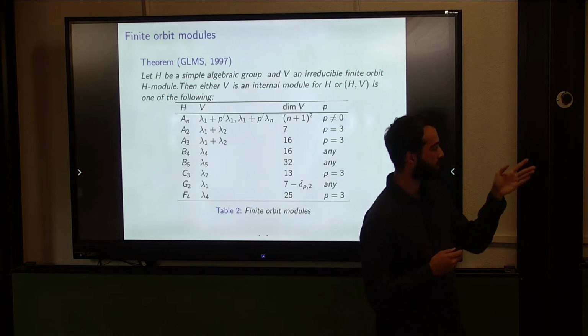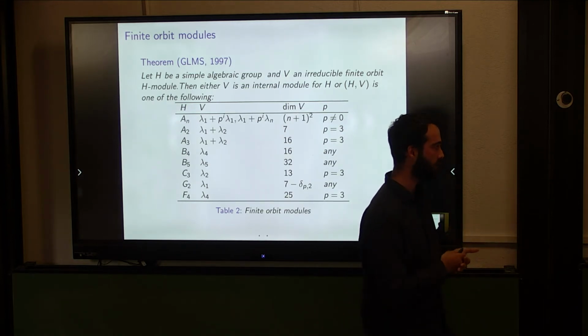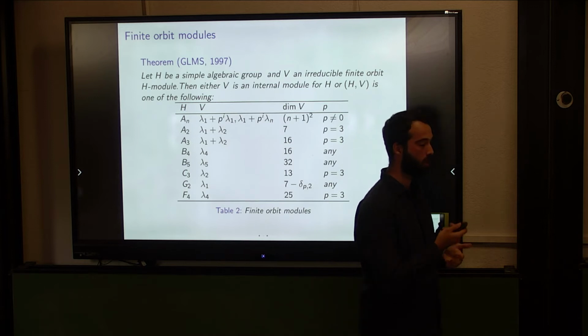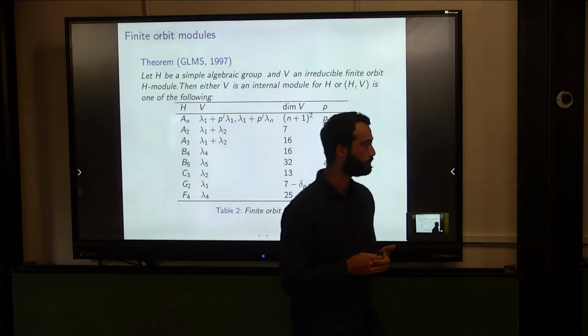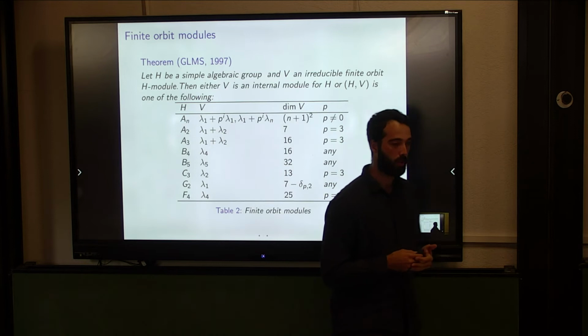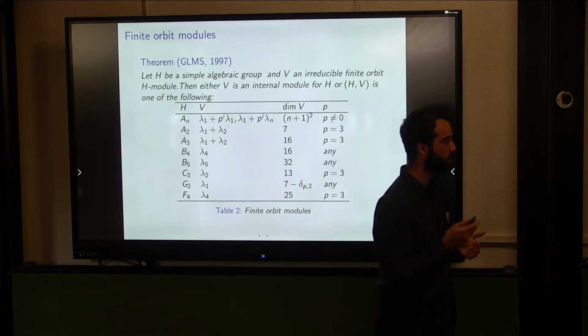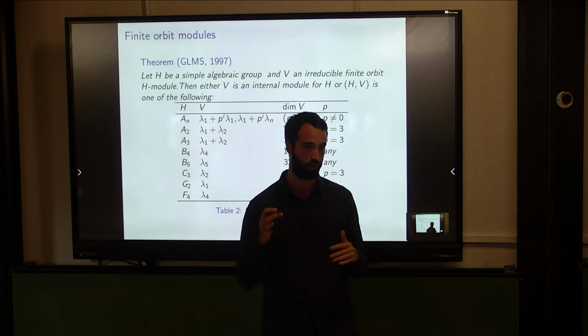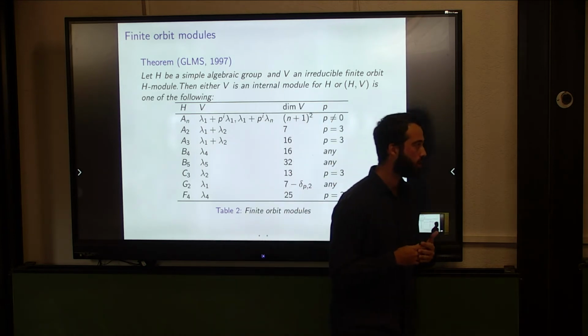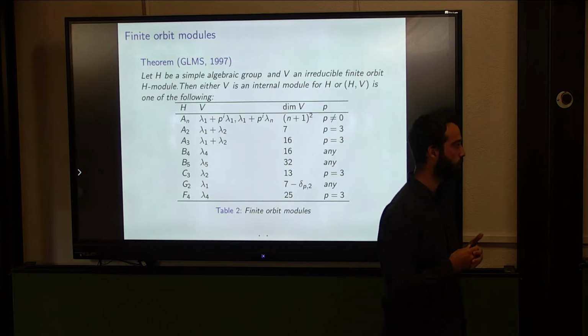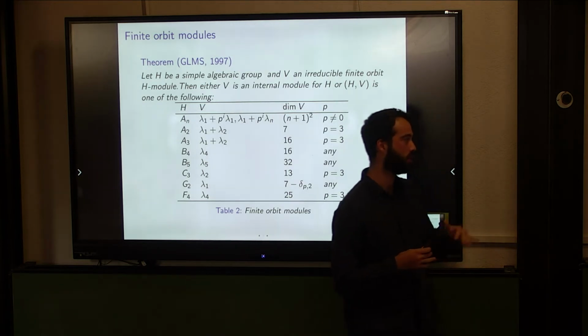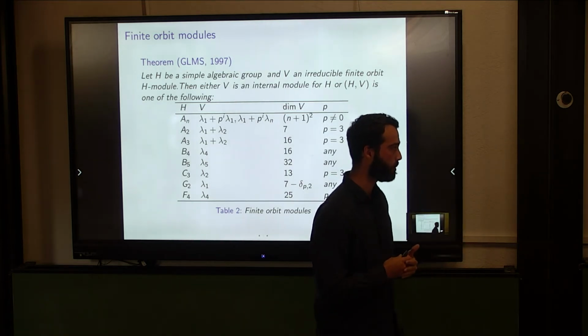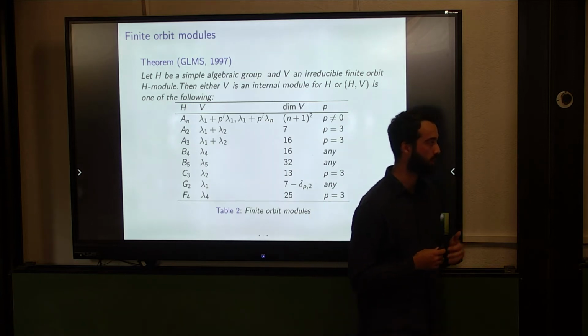Why is that? The dimension of AN, think of that as SL(n plus 1), is (n plus 1) squared minus 1, and that's also the dimension of the variety of one spaces. In general, take the dimension of V, subtract 1, that's the dimension of the variety of one spaces. So a dense orbit needs to have stabilizer which is finite. So that's the only occurrence of this phenomenon, where a stabilizer of a dense orbit is finite.